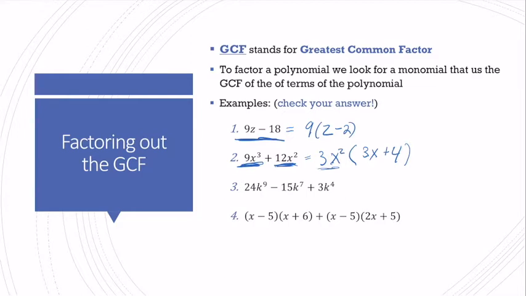Now I've got a trinomial, right? It's got three pieces, 1, 2, 3 terms. So I'm going to pull out the greatest common factor. The greatest common factor of 24, 15, and 3, that's going to be a 3.